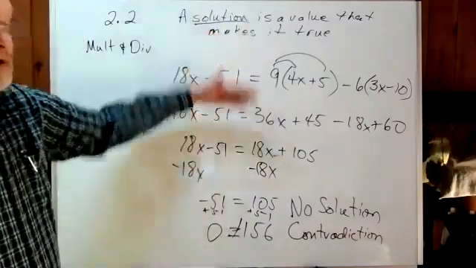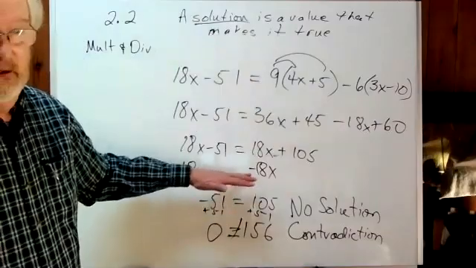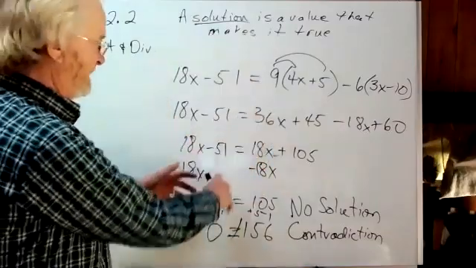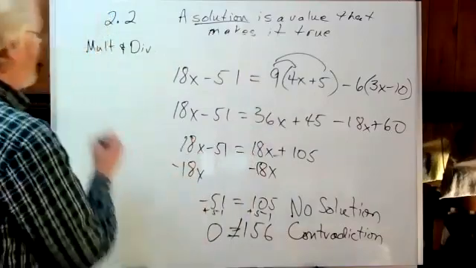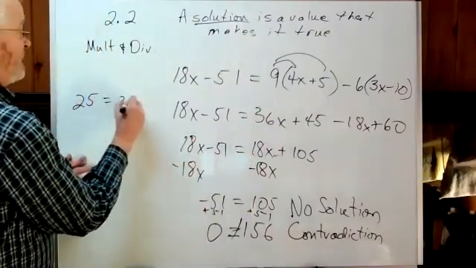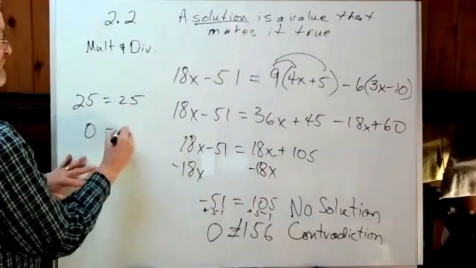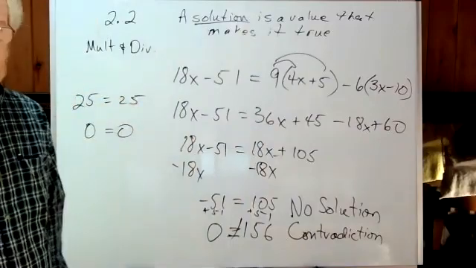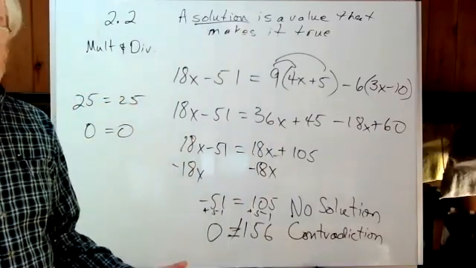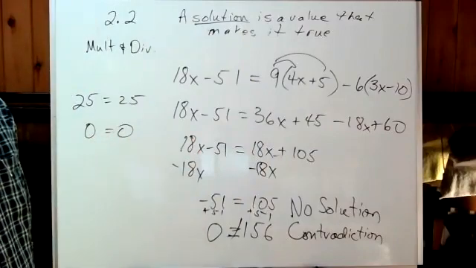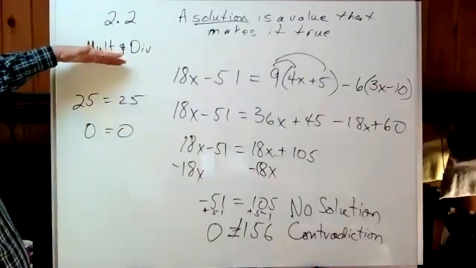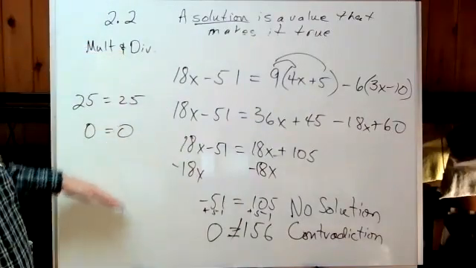A similar kind of problem would have been one where you subtracted the x's and they're gone again, but I got down to say 25 equals 25, or 0 equals 0. It's always true, and it has no variables that it's dependent on. Any number for x that I started with would have made this work out.